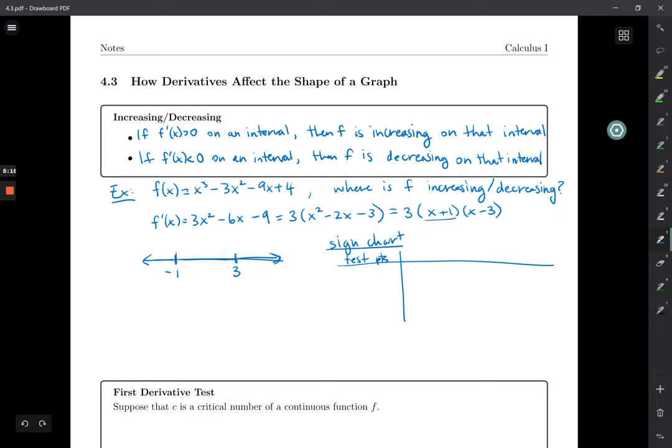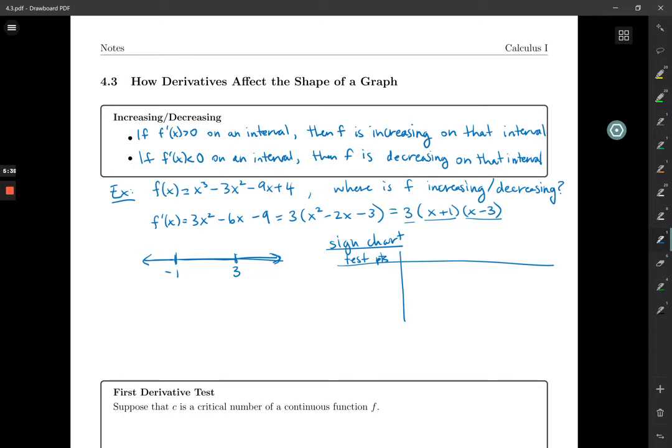So these are the factors. There's also this 3. And what we're going to do is we're going to evaluate those. Well, not actually evaluate them, but we're going to check whether the factors are positive or negative on each of the pieces, and then we will put those together to figure out what the sign of f prime is.